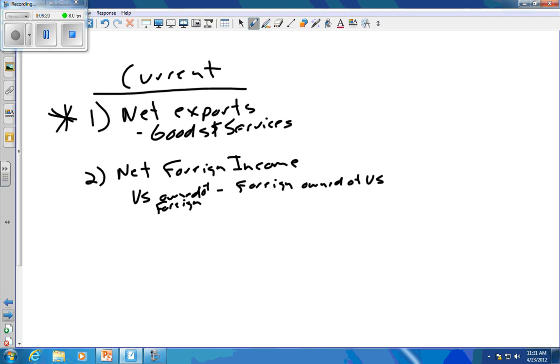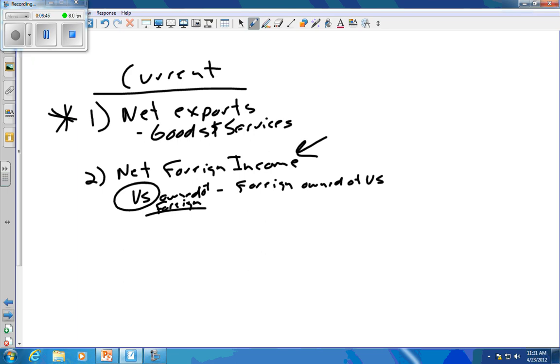Very simply, if you buy a German bond, and you're someone in the U.S. here, and you own a foreign asset. Okay, the foreign asset, the payment from the bond, the interest payment on the bond, not the actual asset itself, but the interest payment on the bond is referred to as foreign income, and so that's there.